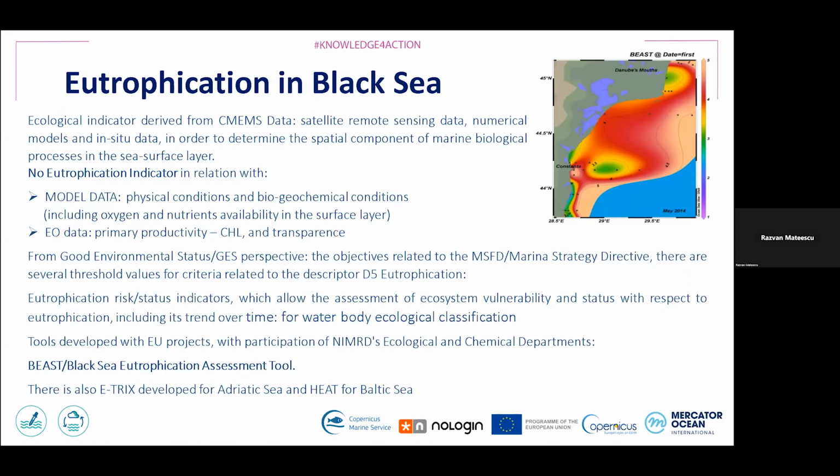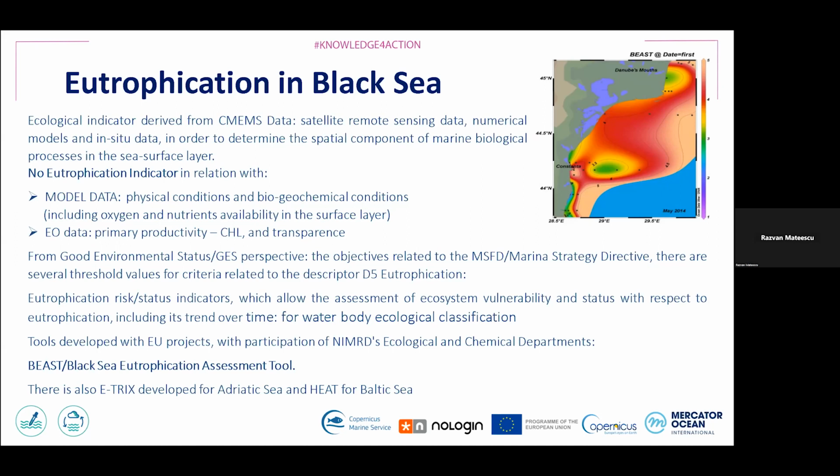and your specific sea. If you don't have in CMEMS a specific indicator related to your interests, in case of eutrophication, I give this example of the Black Sea again, because this ecological indicator of eutrophication is not provided by CMEMS at the moment, but you can have a study and an approach for this derived from CMEMS data parameters, and also satellite remote sensing data and numerical model together with in situ data.